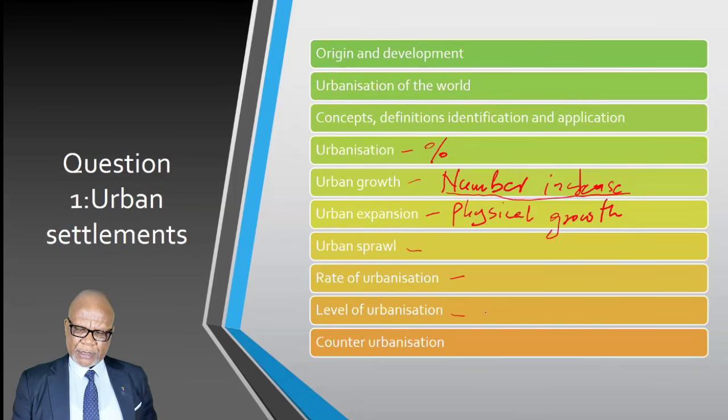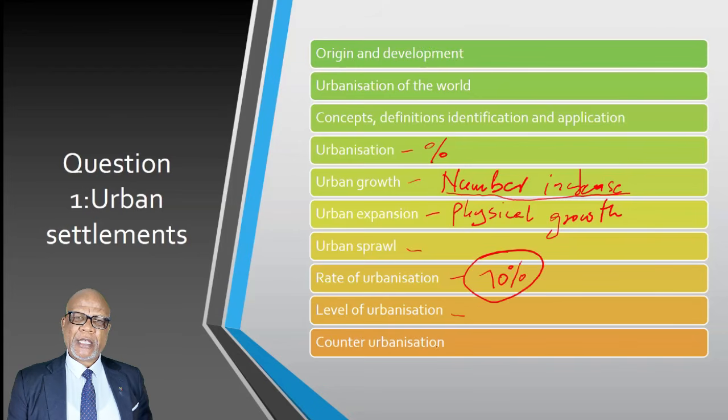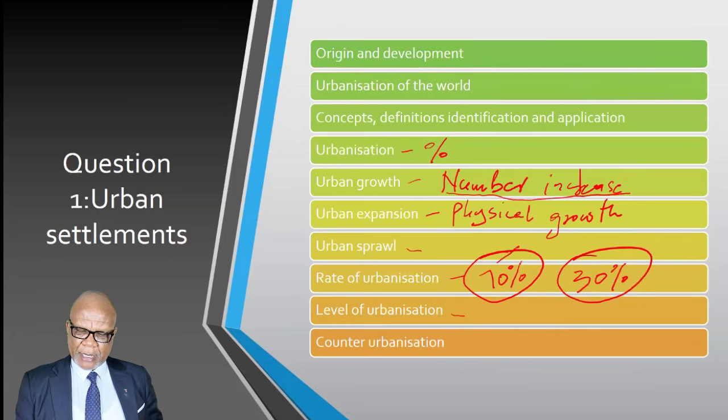If we have two countries, one country has 70% of the population living in urban areas, and another country has 30% of people living in urban areas, we can say here the level of urbanization is high, and here the level of urbanization is low.